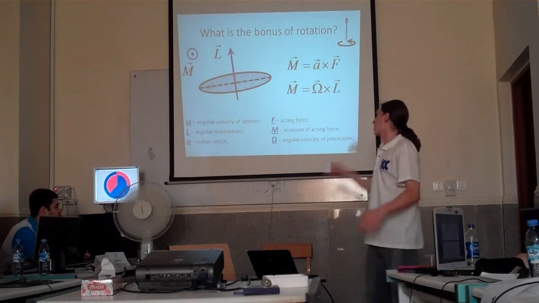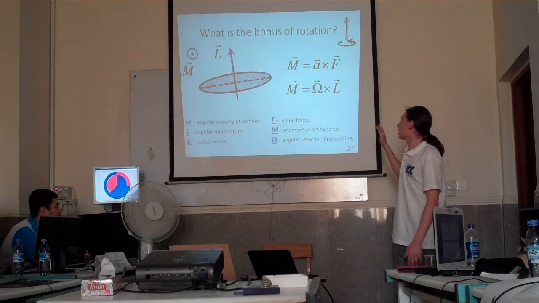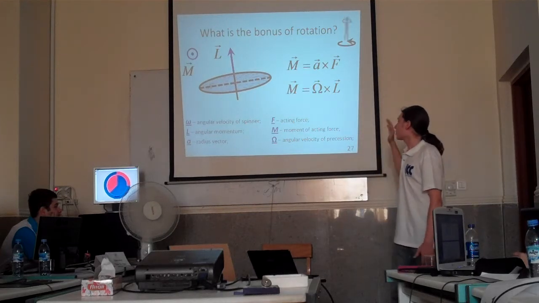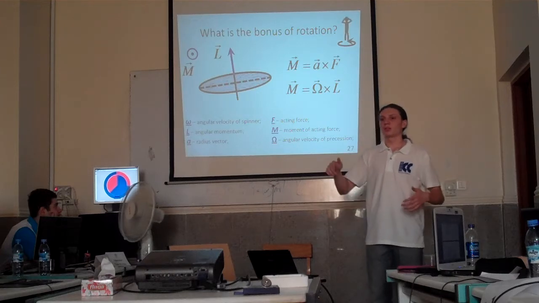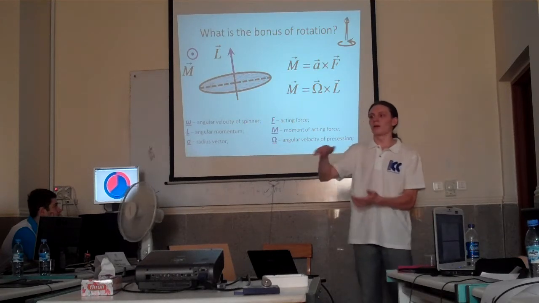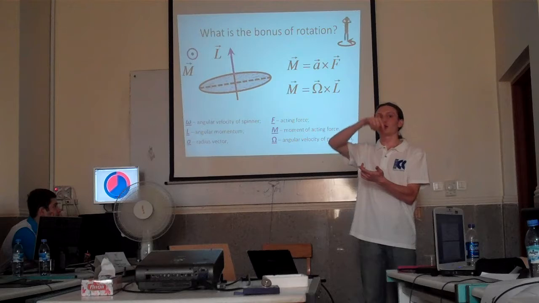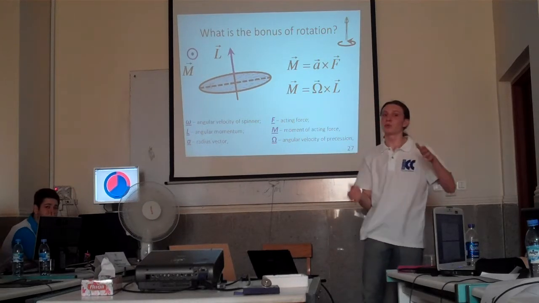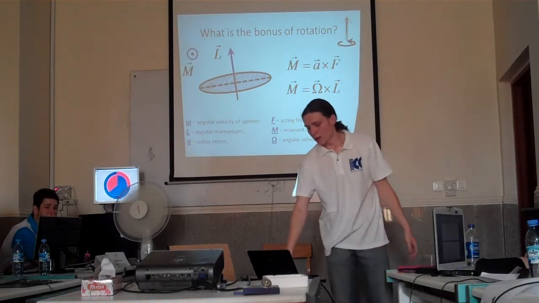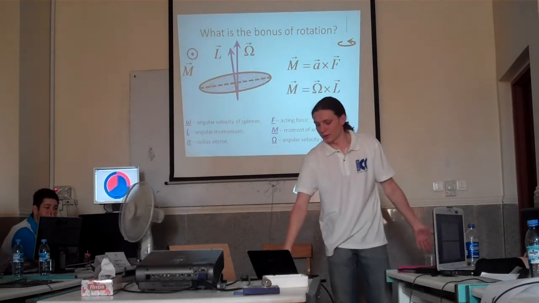And as you see from the last equation, the angular velocity of precession will be perpendicular to the angular momentum. So the top of the spinner will just make precession, such a movement, and it wouldn't turn around. But this is the direction.